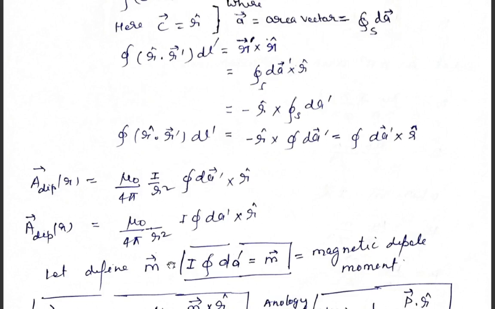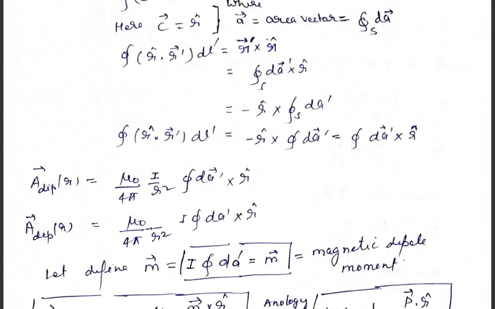That is why the magnetic moment will be along the z axis. I will show some examples maybe in a coming lecture. But remember, the m vector will always be along the area vector.